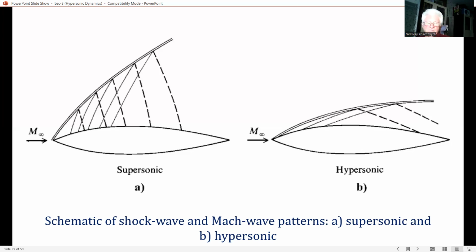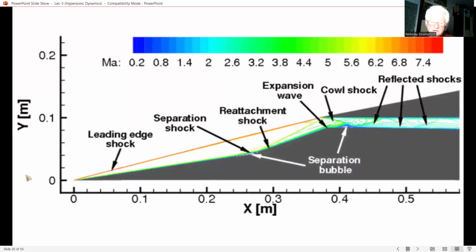In contrast, for the hypersonic case, shown in the right figure, figure B, the shock and Mach angle are much smaller, and the reflected wave propagates much farther downstream before it hits the body surface. So, as a result, the reflected waves do not greatly influence the surface pressure, especially on the forward portion of the body.